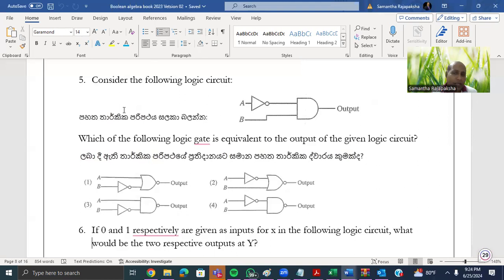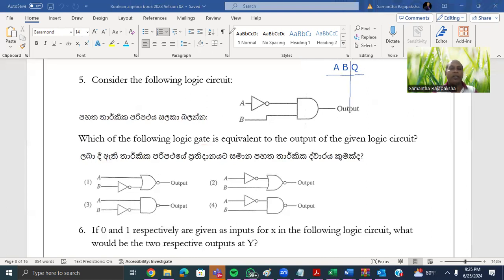The easier way is to create the truth table for each given circuit. Here the inputs are A and B, only two inputs. Then you can get the output, and easily find out which two tables are equal.